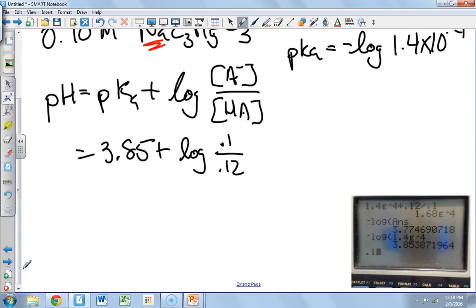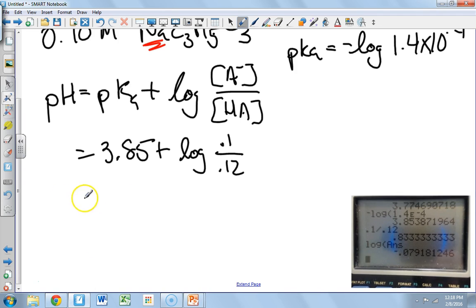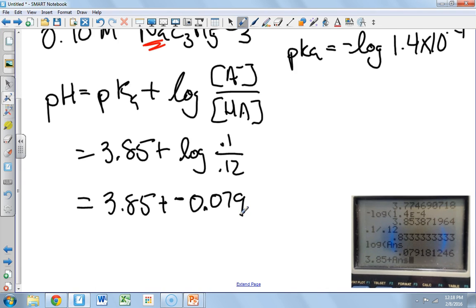So 0.1 divided by 0.12 is 0.833, and then we do the log of that, and we get that pH equals 3.85 plus a negative 0.079. So 3.85 plus that, and we get that the pH equals 3.77.